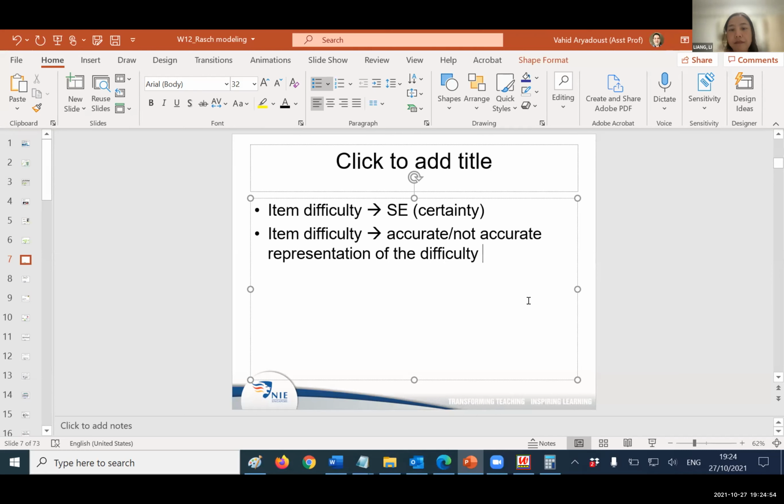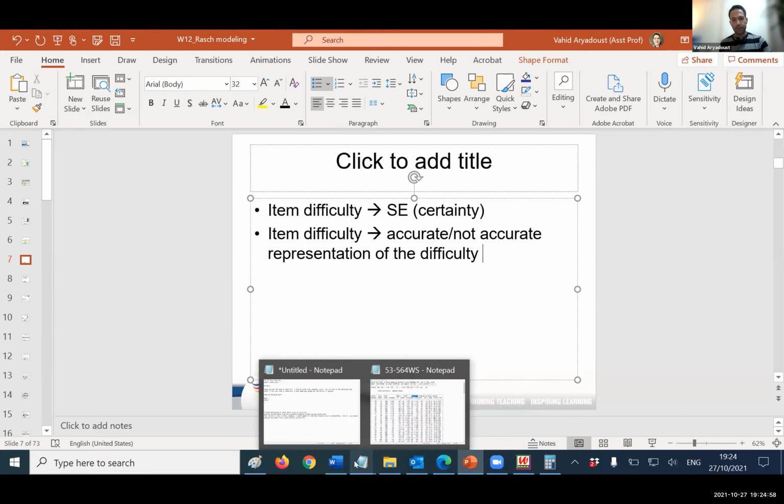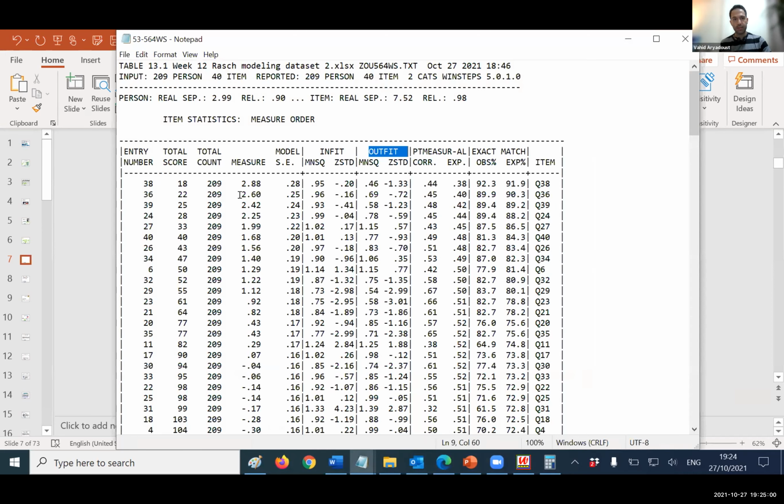Okay, so I give you an example here, guys. Let's say this item, we know it's difficult, right? We all agree on that because it's on top of the hierarchy. It's very difficult. It's the most difficult one.